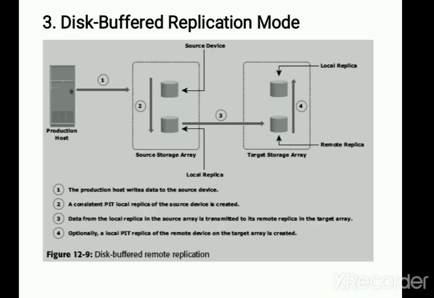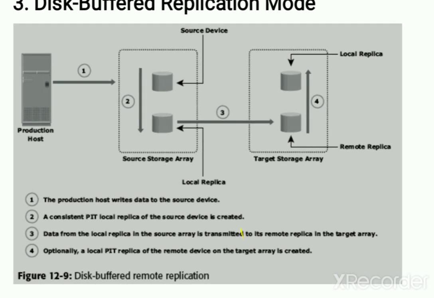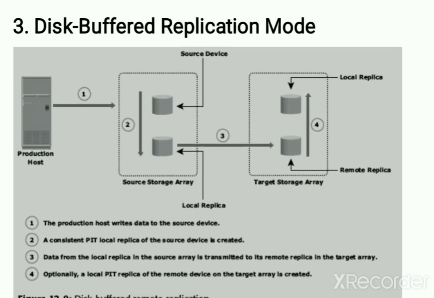Then moving on to the next one, we have disk buffered replication mode. Disk buffered is a combination of both local and remote replication, where it is going to create a local replica of the device and then store it. Now you can check this diagram.